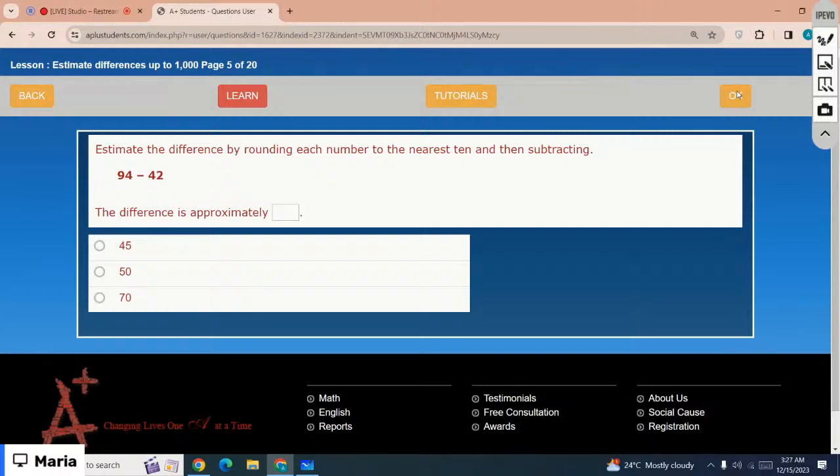So 90 minus 40 is, yes, the correct option is 50. Very good.